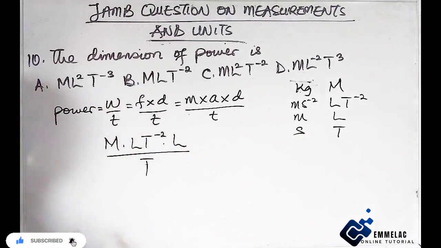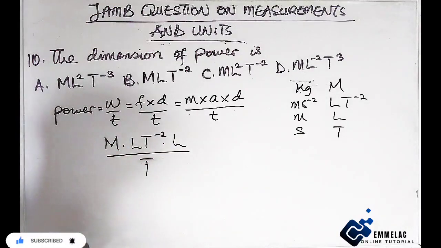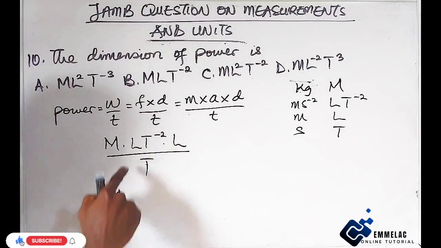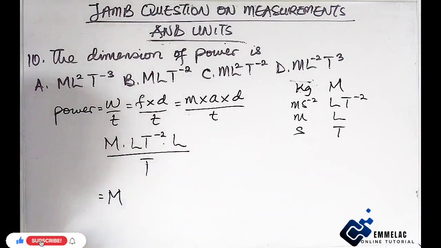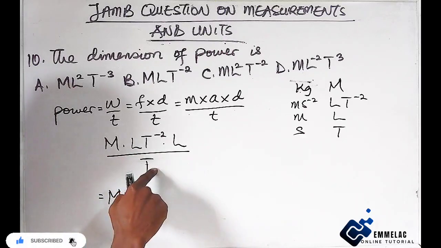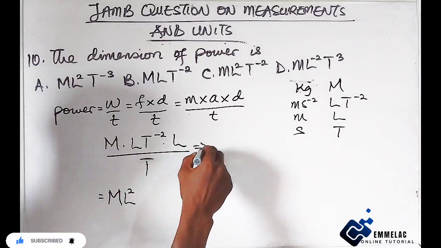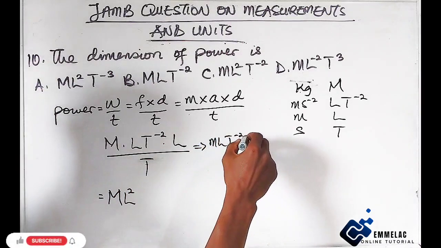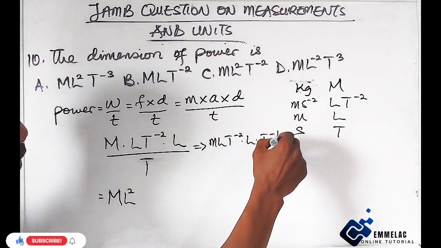Okay, now let us collect like terms here. So here you have M, and L times L will give us L raised to the power of 2, which is the same thing as saying M L squared T raised to the power of -2 times T raised to the power of -1.